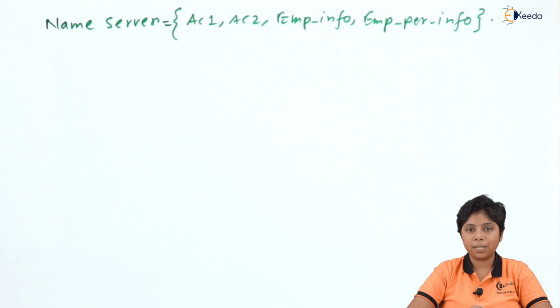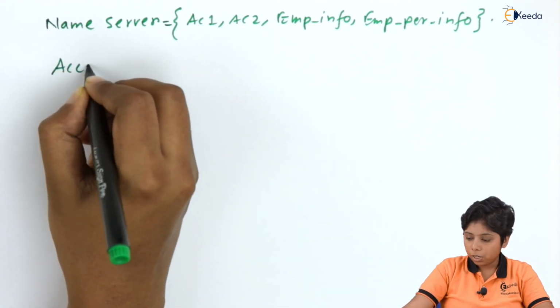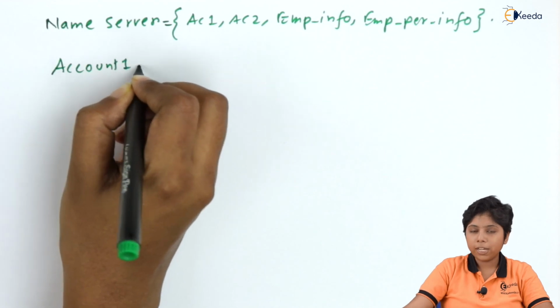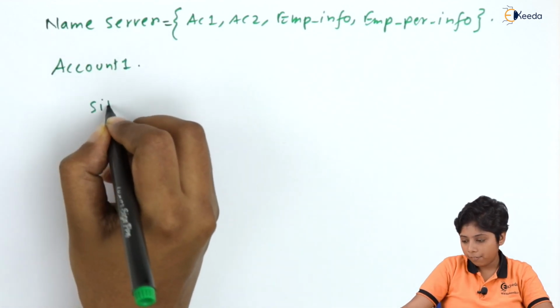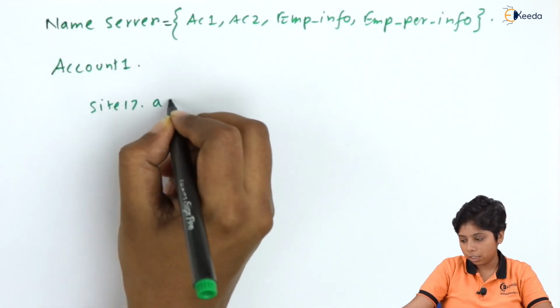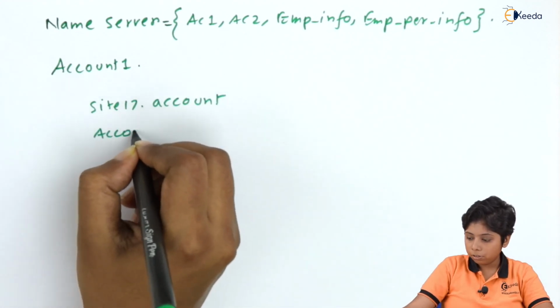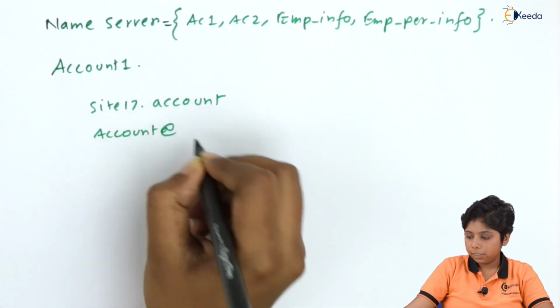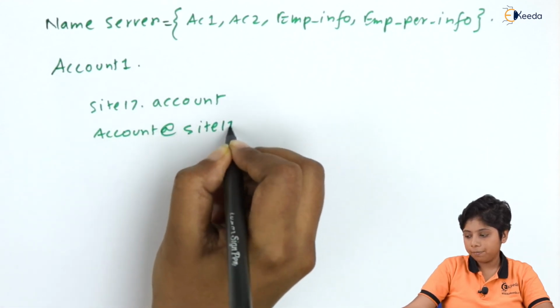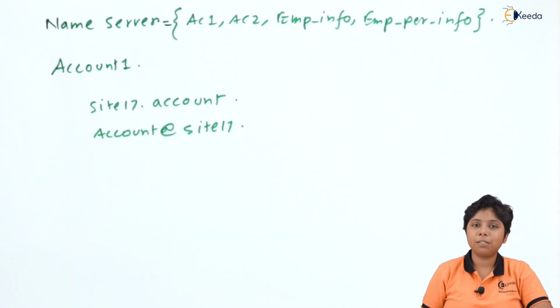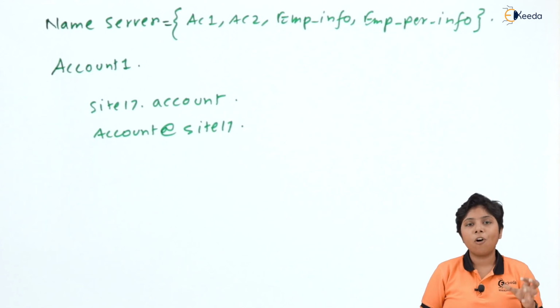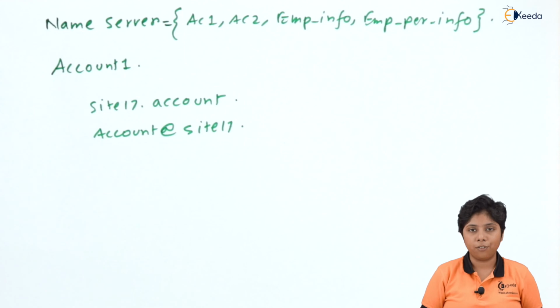Say for example, other than naming it account 1, we can name it site17.account, or even account@site17. Many of the systems use the URL or the internet address for naming on these name servers.